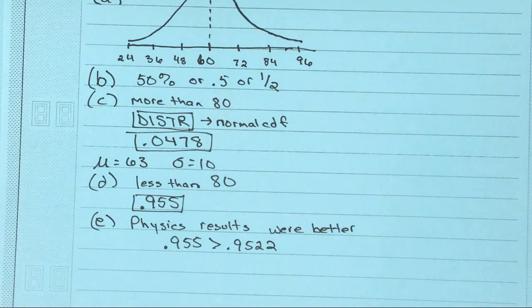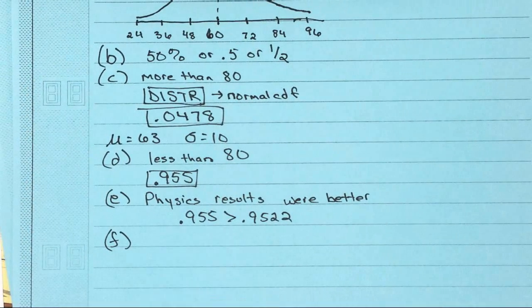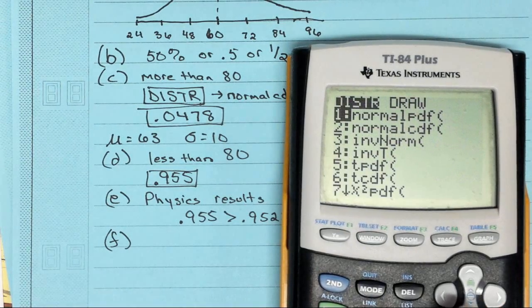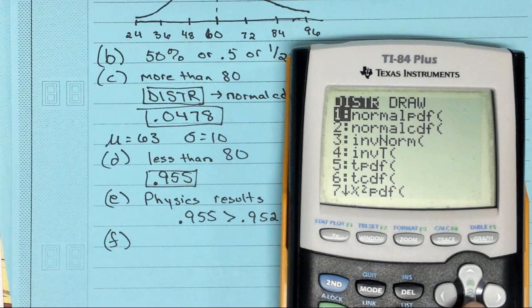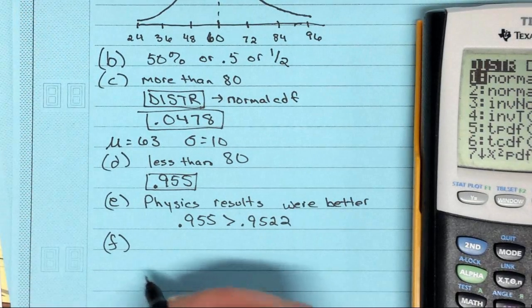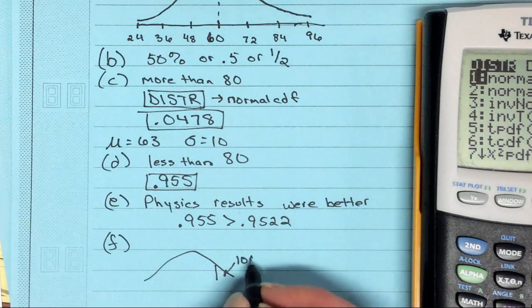F would be the hardest one. Find the minimum possible mark to obtain an A. If we're trying to find the value when we're given a percentage, so 10% would be above, right?